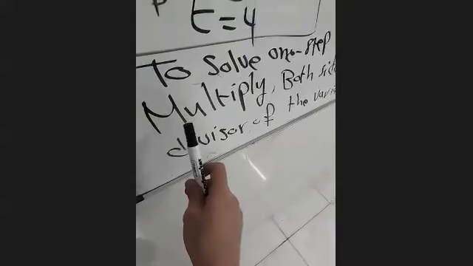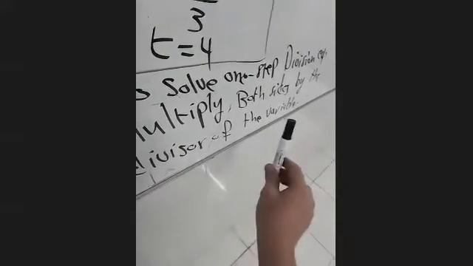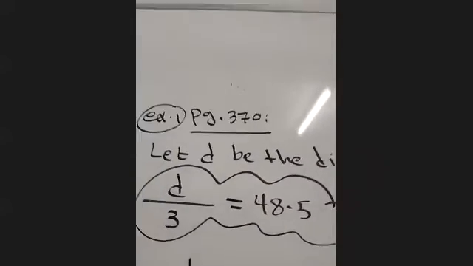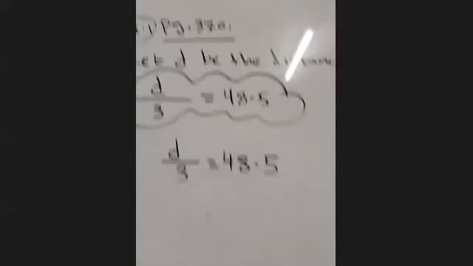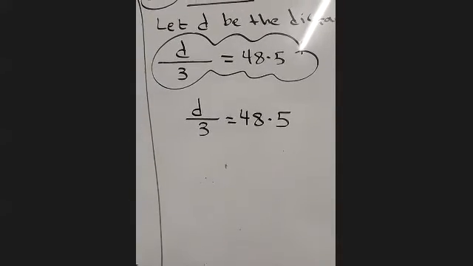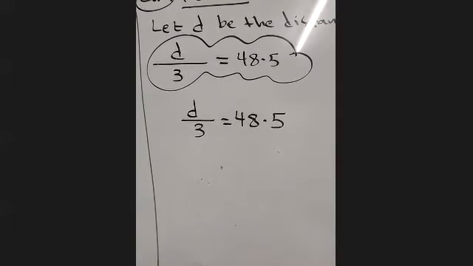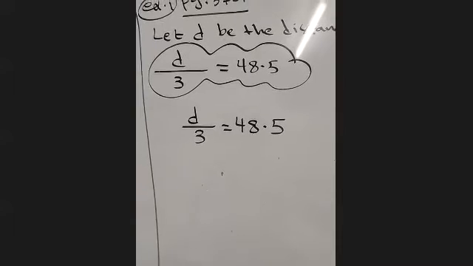To solve a one-step equation, multiply both sides by the divisor of the variable. What's the divisor of the variable here? 3. So I will multiply by 3.